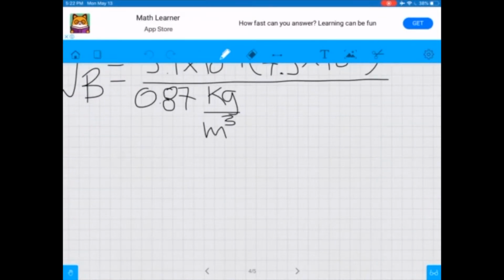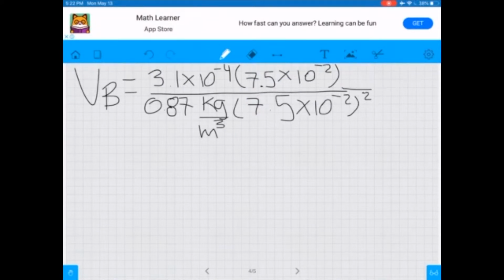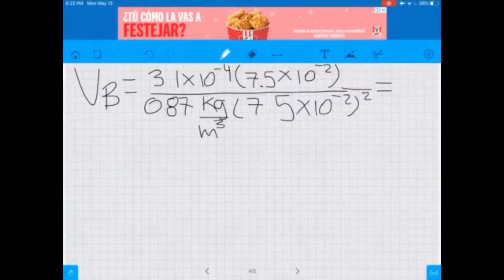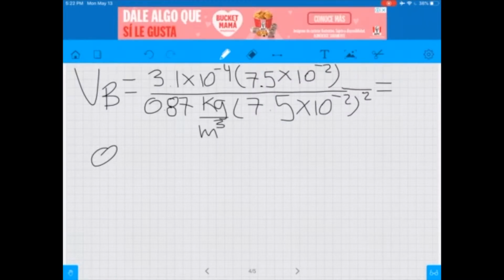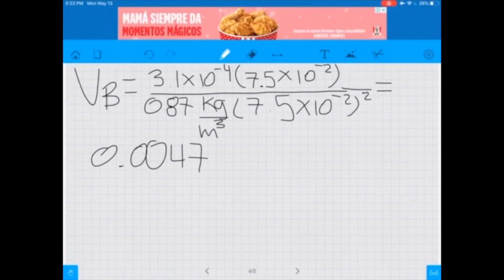So here, if we finish it off, we have 0.87 times the radius squared, 7.5 times 10 raised to minus 2, squared. If we solve for this, this will give us 0.0047 meters per second.